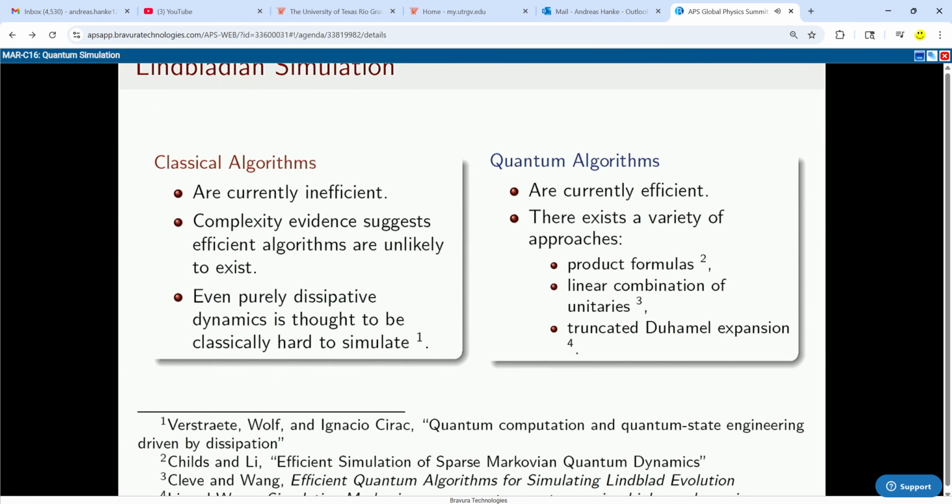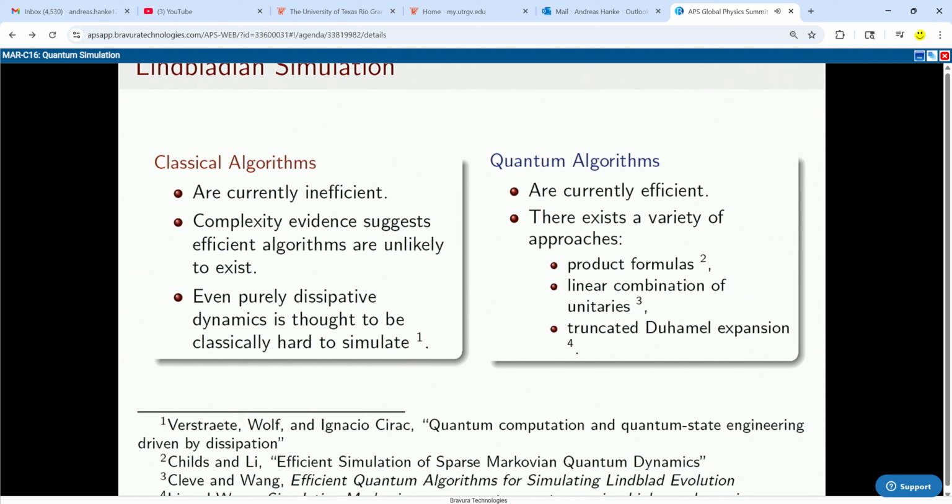So given the task of simulating a Lindbladian, we can choose two different approaches. If we choose a classical algorithms-based approach, then we're immediately hit with the problem that current classical algorithms are inefficient. And on top of that, complexity evidence suggests that efficient algorithms are unlikely to exist.